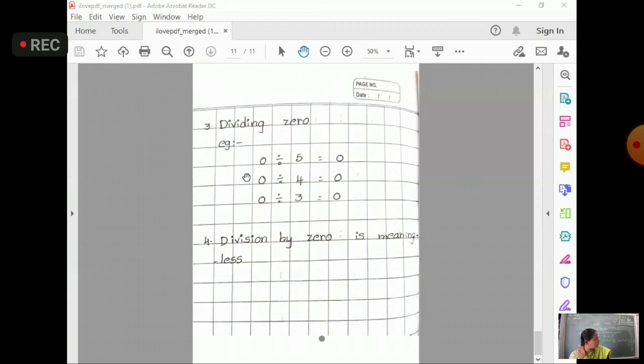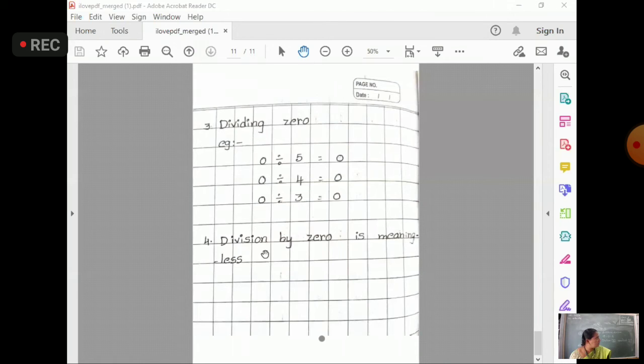So when you divide 0, answer is also 0. Fourth property, division by 0. Observe the difference.